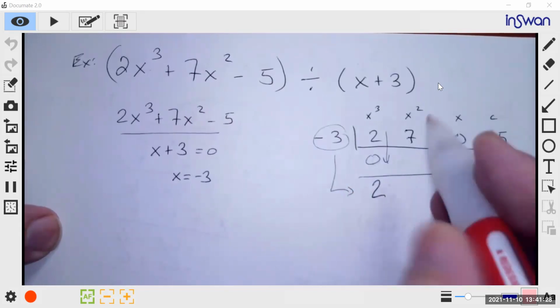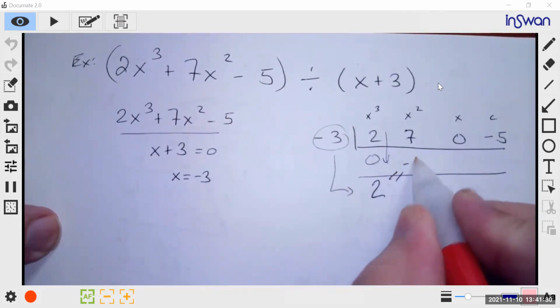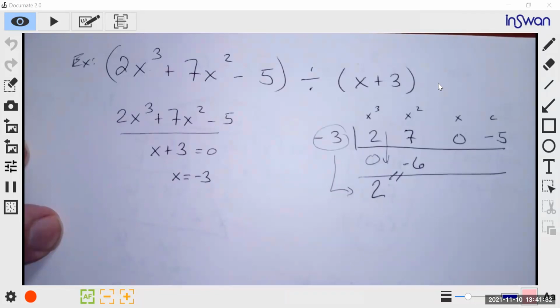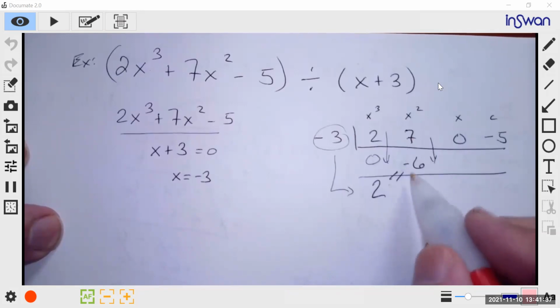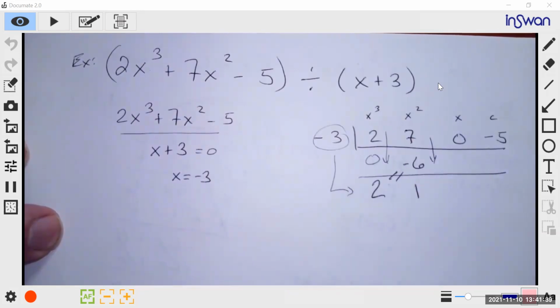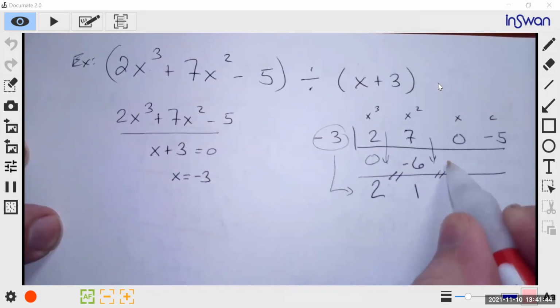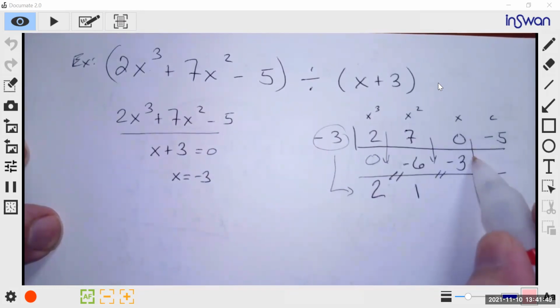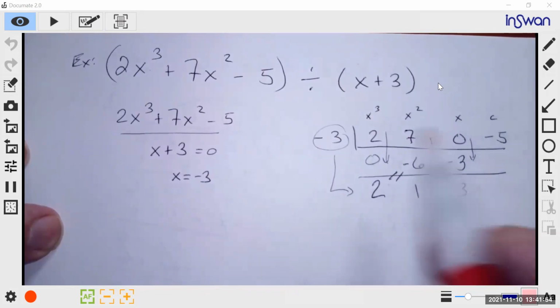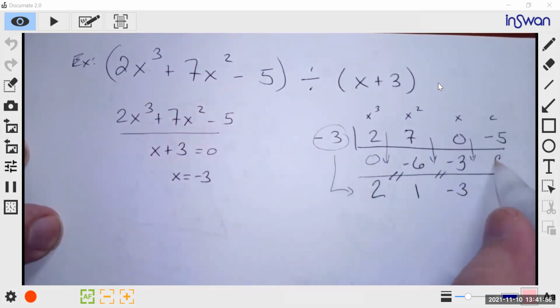-3 times 2 equals -6. Add straight down. 7 minus 6 is 1. -3 times 1 equals -3. Add straight down. 0 minus 3 is -3. And multiply. -3 times -3 is +9. 9 minus 5 is 4.